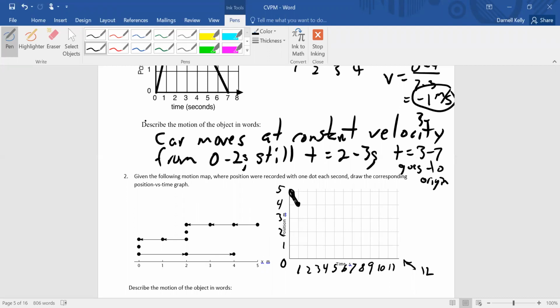We're translating the motion map of the motion of the object into the graphical equivalent. So far, so good. So 4 to 3 meters in 1 second, because the dot represents 1 second. So at second number 2, we're at 3 meters.